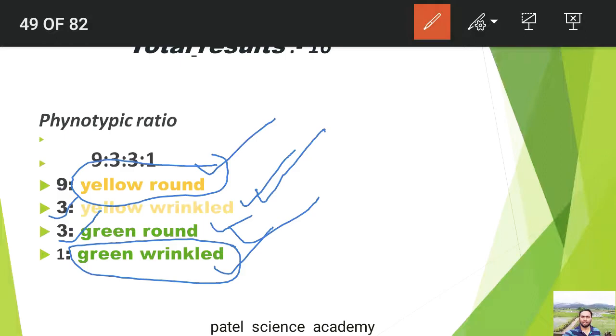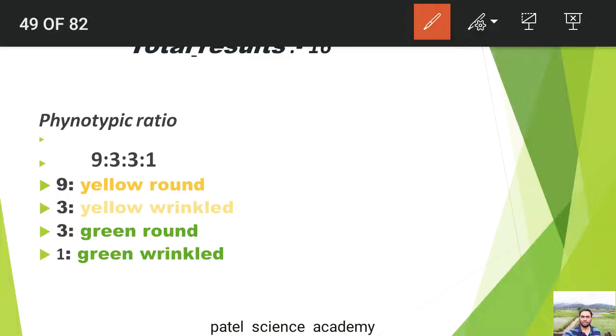The law states that when a hybrid possessing two or more pairs of contrasting alleles or factors forms the gamete, the factor in each pair segregates independently of other pairs. So here we took the example in which there were two characters, yellow color of the seed with the round shape of the seed, and green color of the seed with the wrinkled shape of the seed. And in this cross we got two new results, that is yellow color came with the wrinkled shape and green color came here with the round shape.